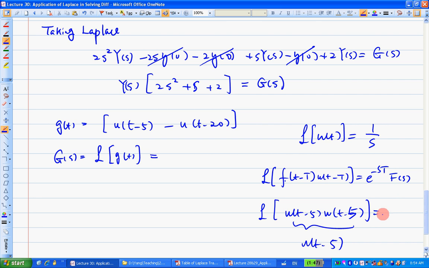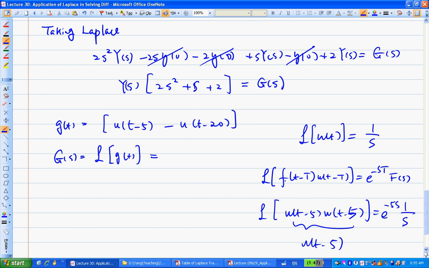It's basically e to the power of negative s times what's the capital T now? 5. So e to the power negative 5s, then multiplied by F of s. F of s is the Laplace transform of this function f. The function f here is u of t. So the Laplace transform of u of t is 1 over s, and then multiply by 1 over s.